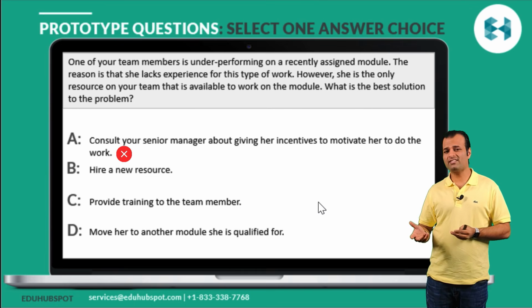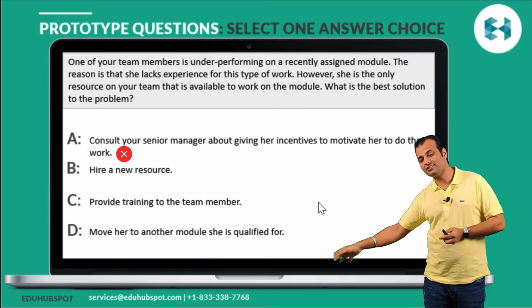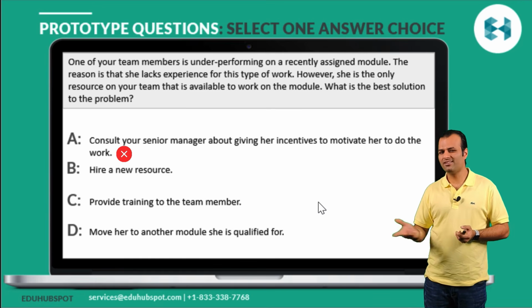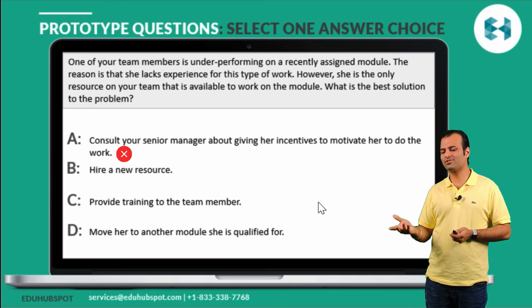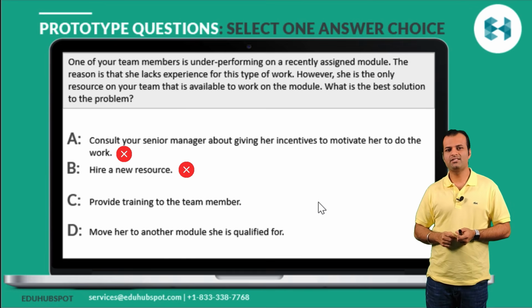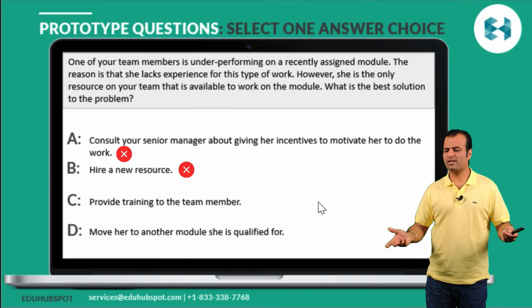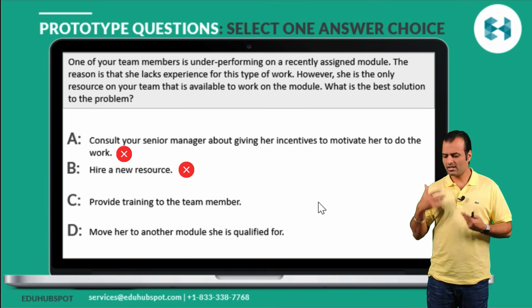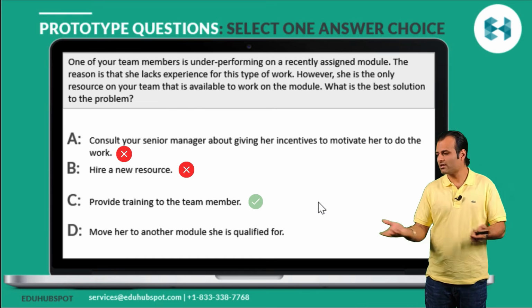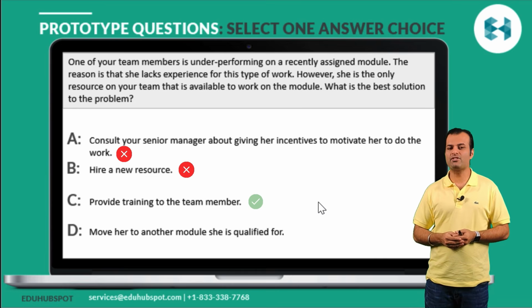Okay, if someone is lacking the experience but the same person is the only person who is available to work on this module, why would you just go ahead and hire a new resource? It doesn't make sense. So eliminate B. C, provide training to the team member. Absolutely, right? Providing training is actually a tool in your resource management knowledge area, and you do that all the time and it makes absolute sense.